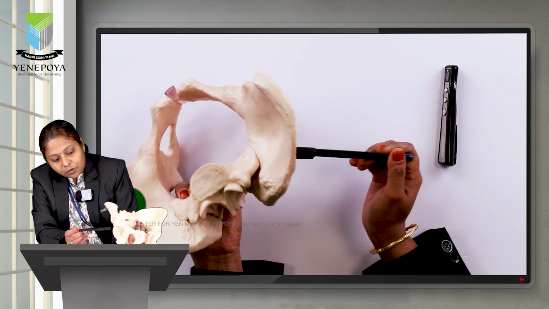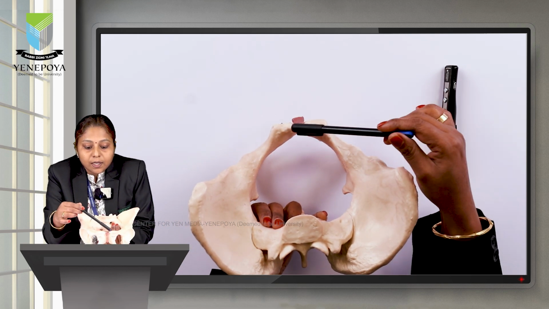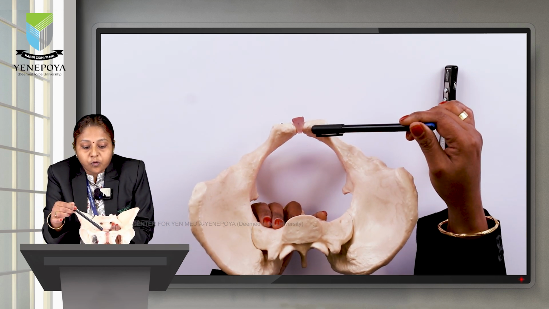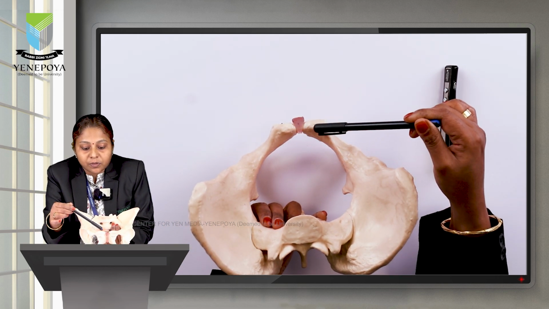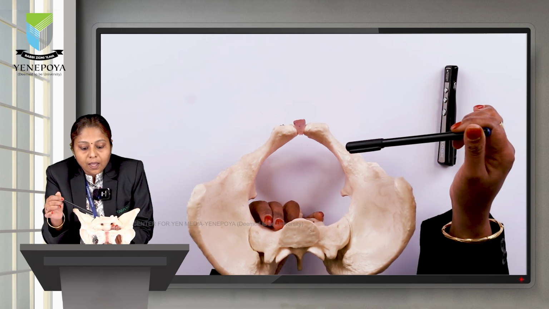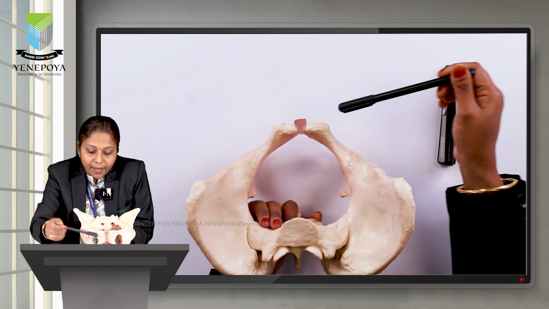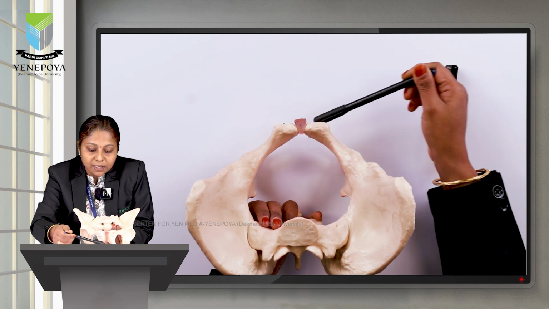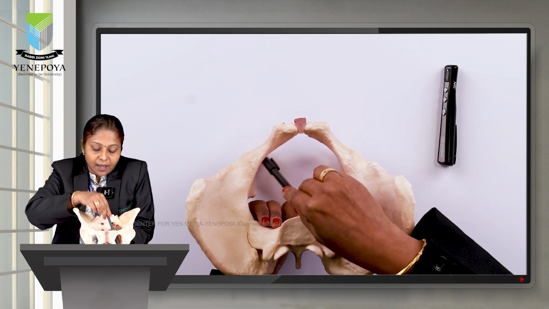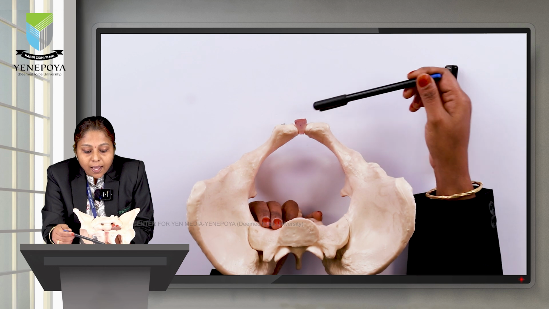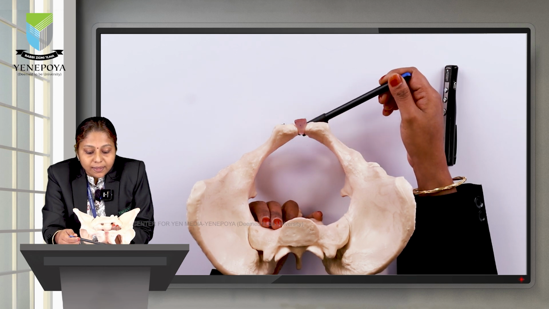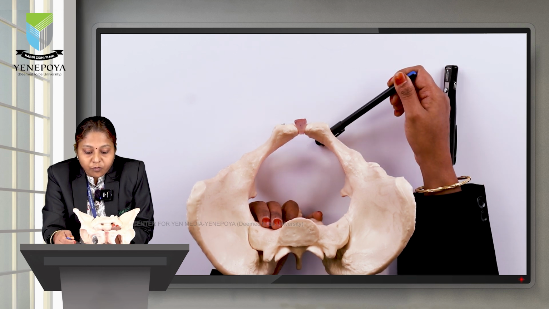Coming to the pubic bone. The pubic bone forms the anterior part of the pelvis. It has a body and 2 oar-like projections, the superior ramus and the inferior ramus. The rami at the lower side form the pubic arc.